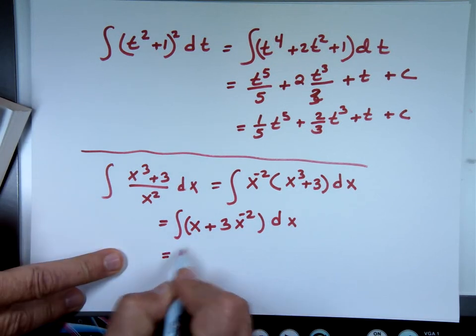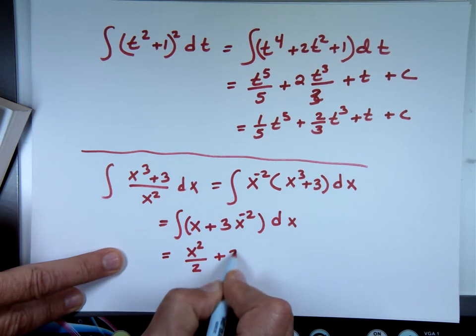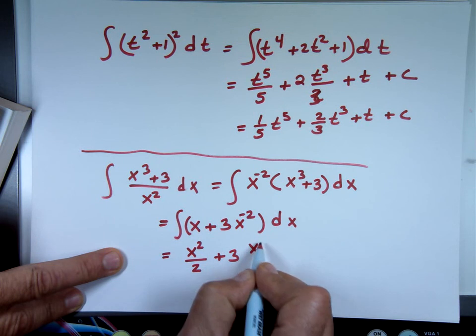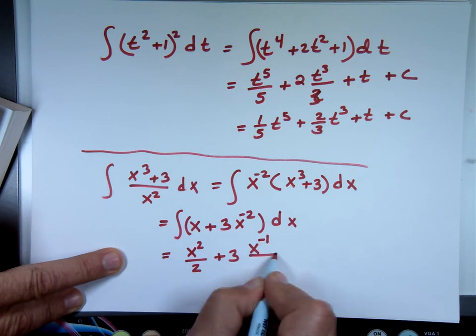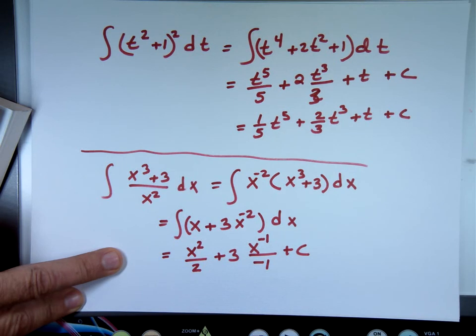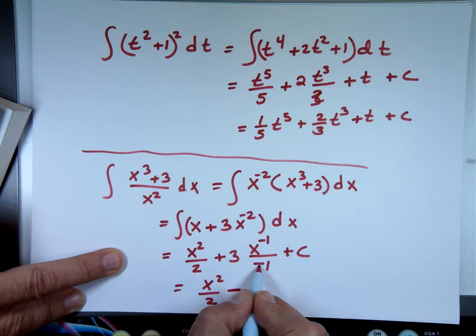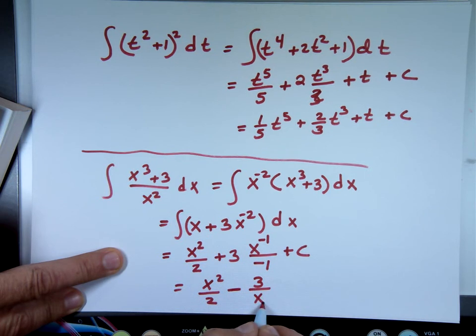X squared over 2, very good. X to what power? Negative 1 over negative 1 plus the c. Clean it. X squared over 2. I can take the minus sign here because there's a minus here. That makes a minus 3 over x plus c.